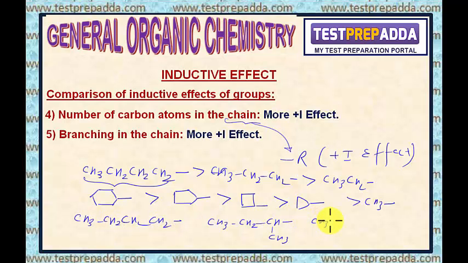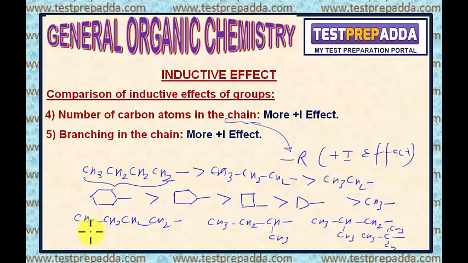Now CH3, CH, CH3, CH2. Again 4 carbon atoms. Another example I'll take here, CH3, CH3. Here also you can see 4 carbon atoms. This is normal butyl. This is secondary butyl. This is isobutyl. This is neobutyl. As I told you, more branching implies more plus I effect.